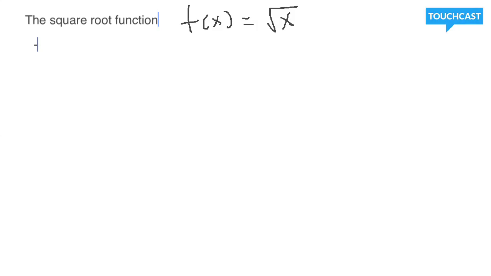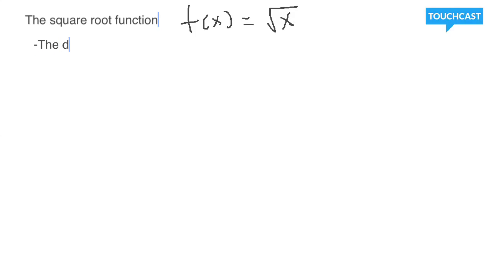We also have the square root function. The square root function is given as f of x is equal to the square root of x. Some characteristics of the square root function.